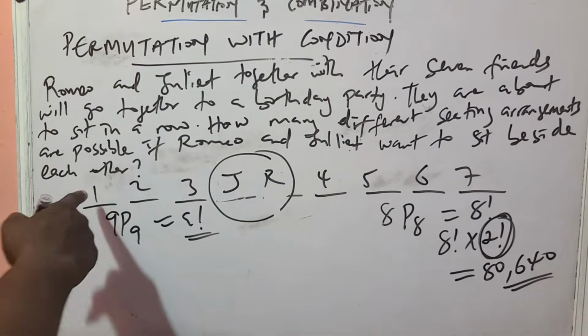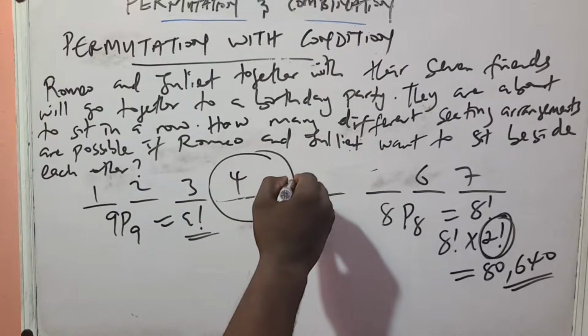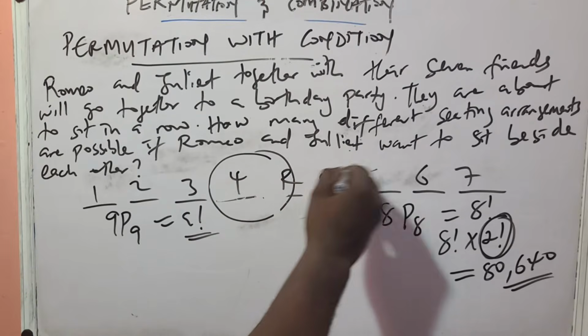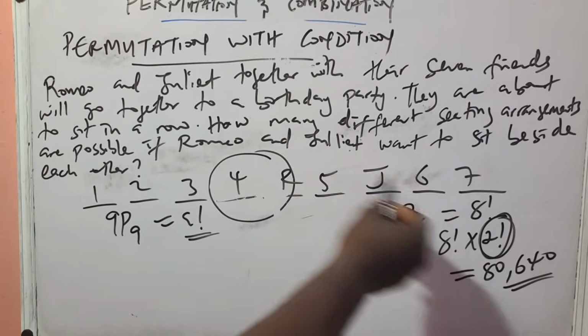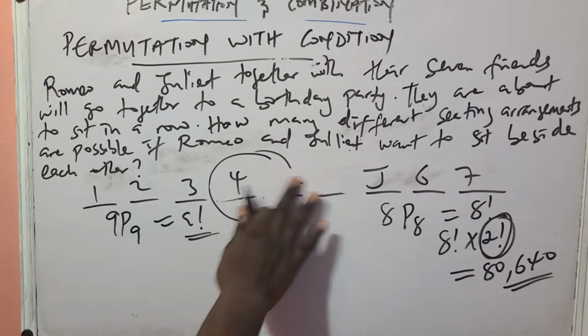That means if these are the 9 of them, it's possible that 4 is Romeo and 5 is Juliet. This is one of the things that is going to be inside the 9 factorial. In this 9 factorial, you will still have situations where Romeo and Juliet will sit near each other.